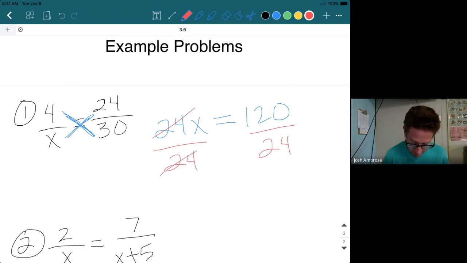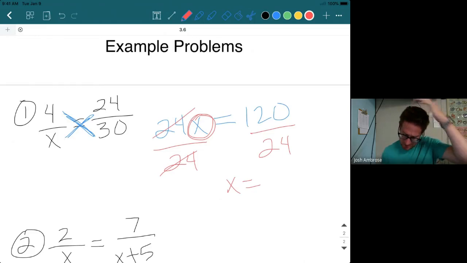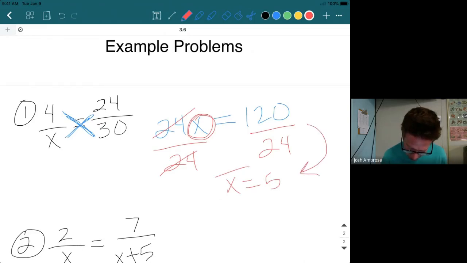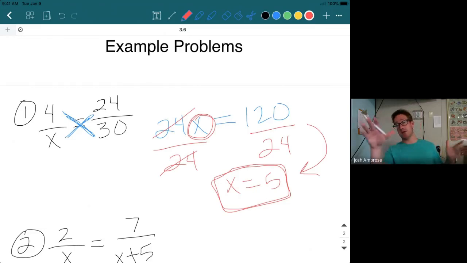There it is gone, isolating x, and 120 divided by 24, let's see, that's going to give us 5. Okay, remember, just cross multiply, isolate the variable. If you need to reduce or actually work the division out, do so, and then get your final answer.